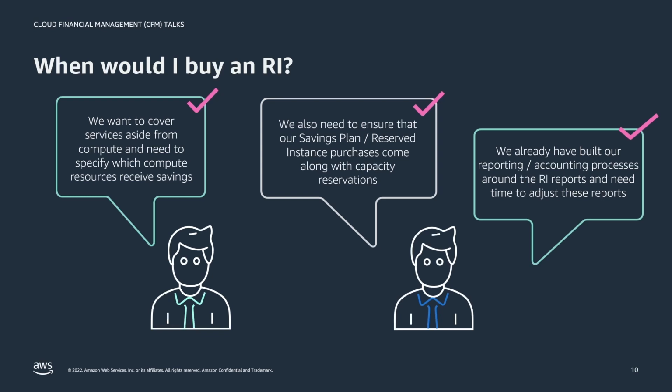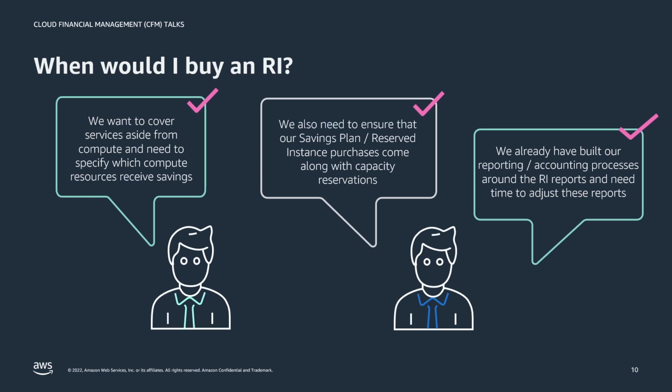The perk of a standard RI within EC2 is you do have a zonal option, which will come with a capacity reservation. We have a subset of our customers who like to leverage EC2 RIs for those capacity reservations and for that zonal reservation that's baked in.